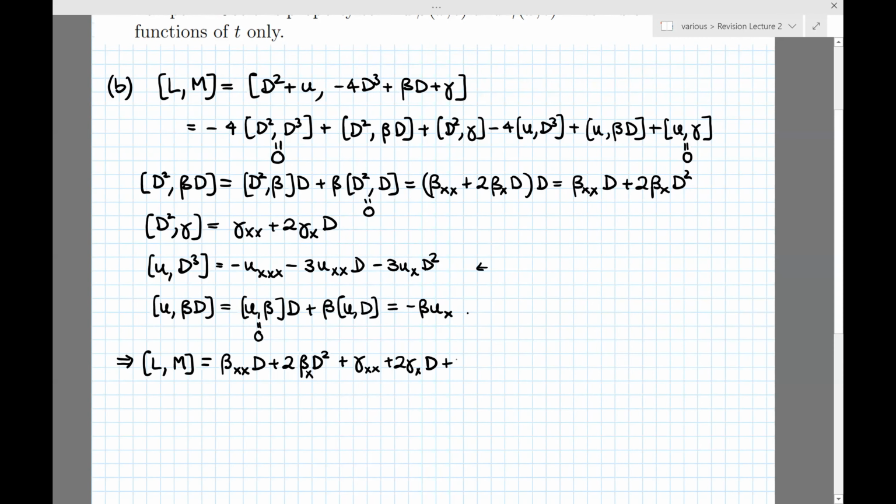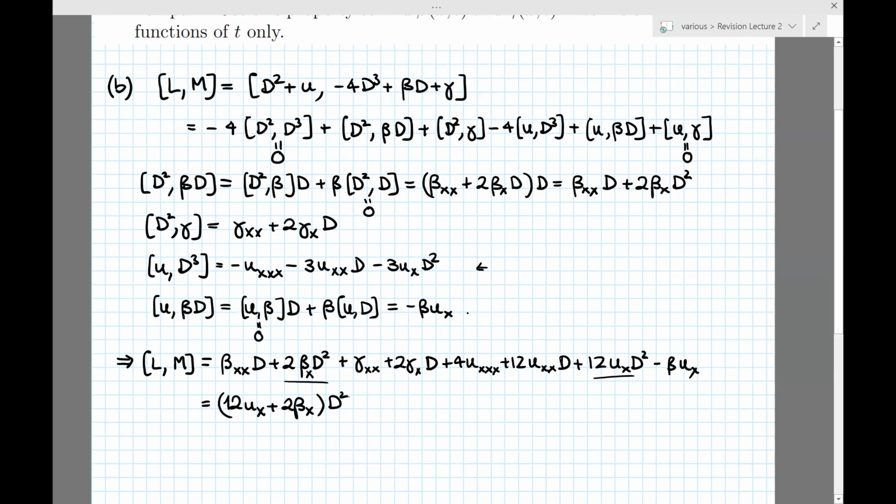So we get plus 4uxxx plus 12uxx d plus 12ux d squared, and finally minus beta ux. Now let's group together terms which multiply the same power of d. Let's start with d squared first. So we get this term and that term. So we have 12ux plus 2 beta x, which multiplies d squared.